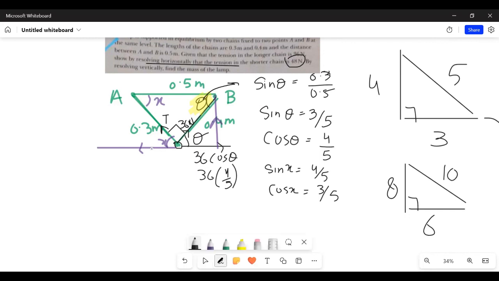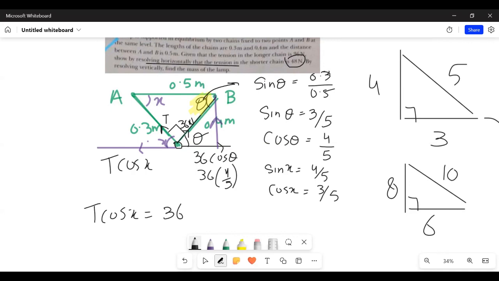Okay, so now back to the first part where you have to find tension by resolving the force horizontally. So this is T cos x, and the other one was 36 cos theta. They should be equal because the system is in equilibrium. It's not moving.